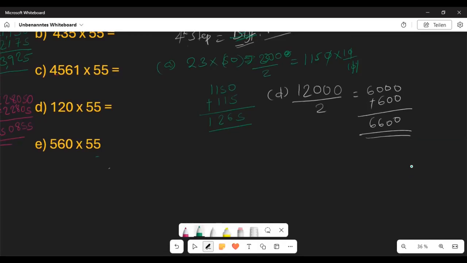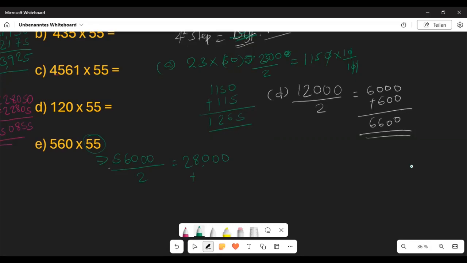So the quick way to get an answer would be, take this number. This one we know what to do with it. So we have here 560 multiplied by 100, just basically adding 2 zeros, dividing by 2. So that's going to give us 28,000. 28,000, if we want to know what is 10% of it, that is what we want to add there.